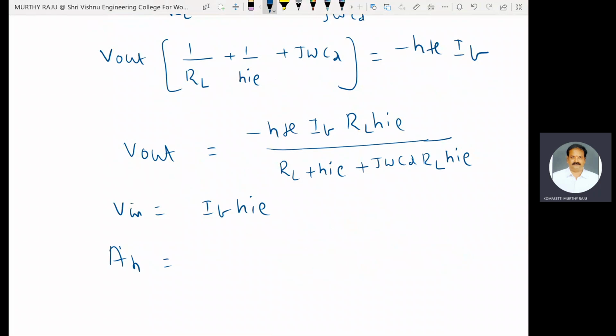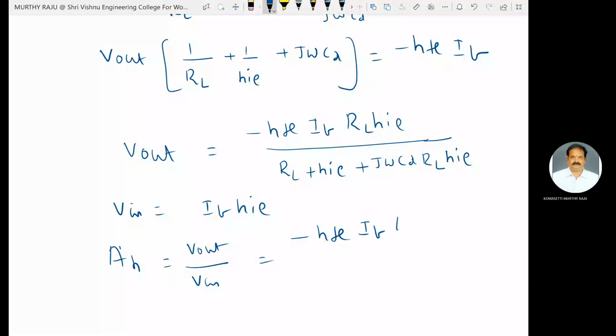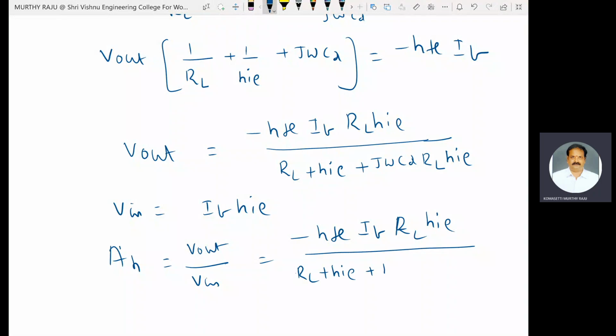V out is minus HFE IB RL HIE by RL plus HIE plus J omega CD RL HIE, and V in is IB into HIE.